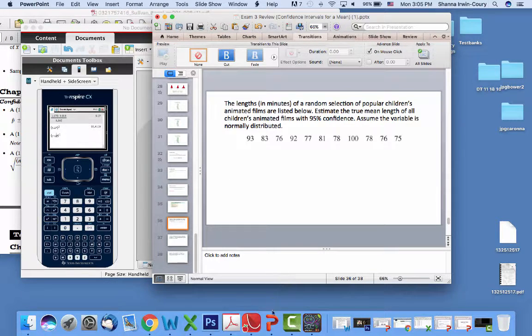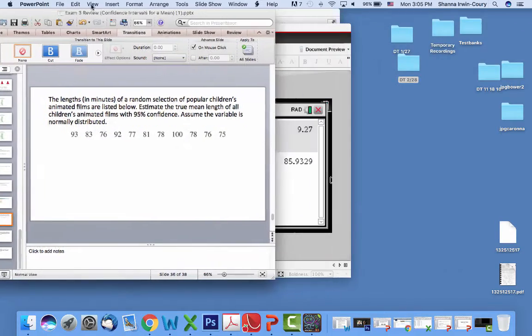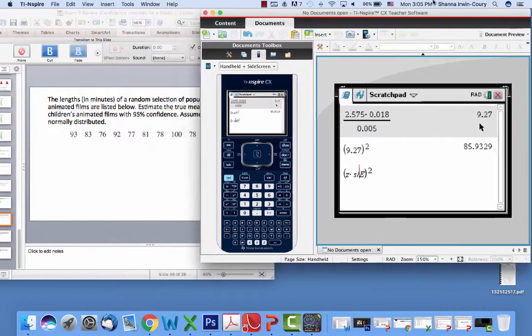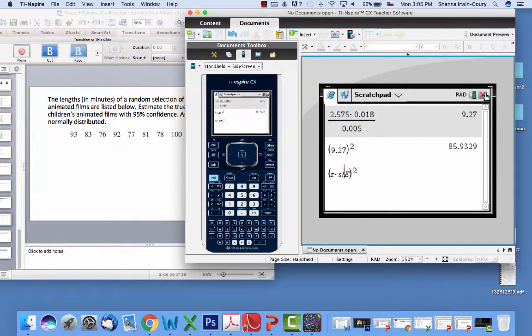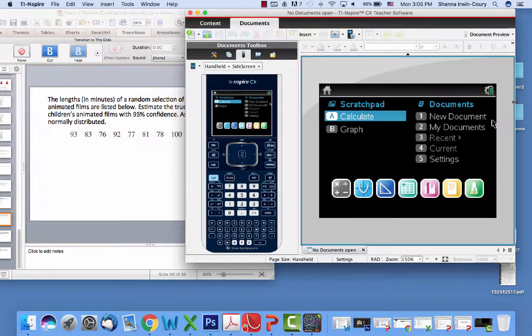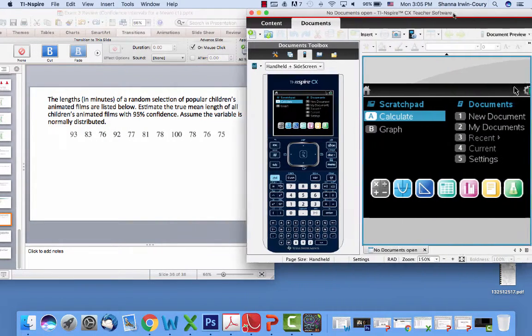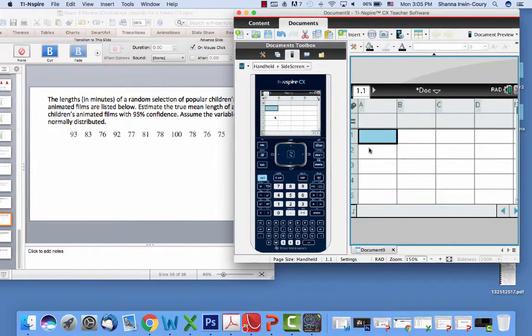Okay, to put the confidence interval in the calculator, there are two possibilities. You'll either have a list, or you'll already have the expected value and the standard deviation. So on here, okay, I'm going to get a list.